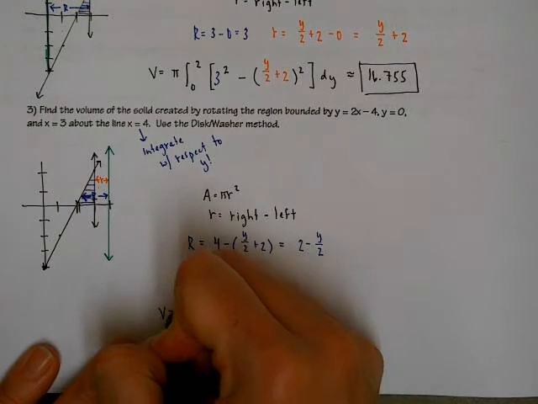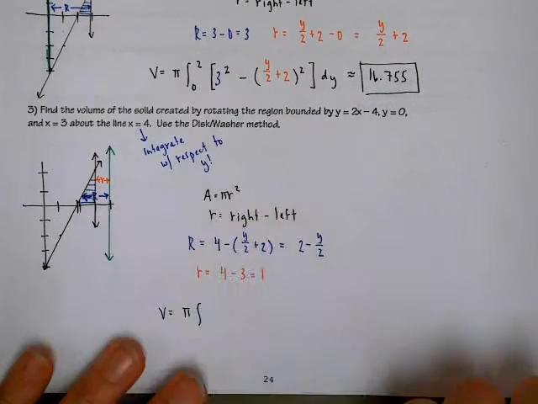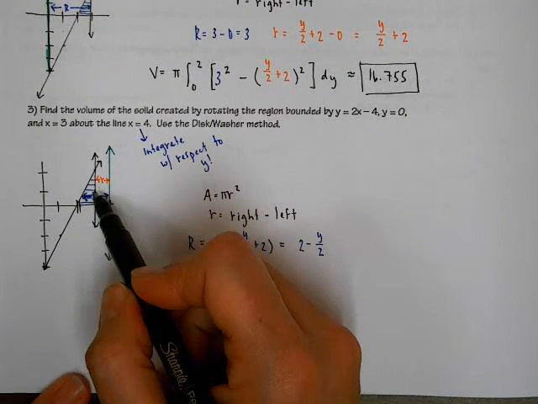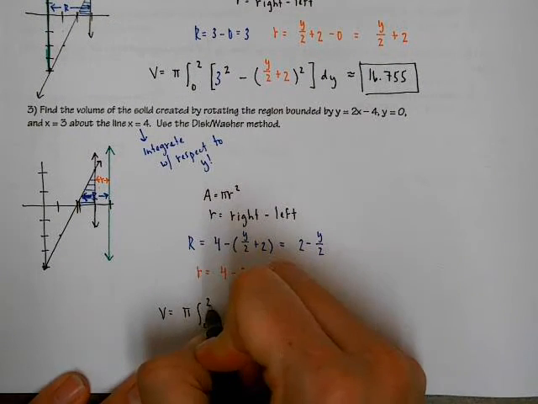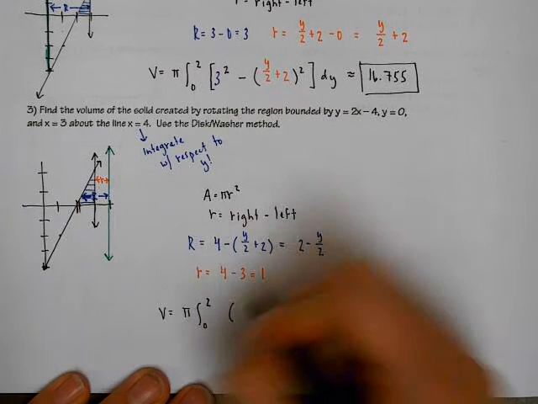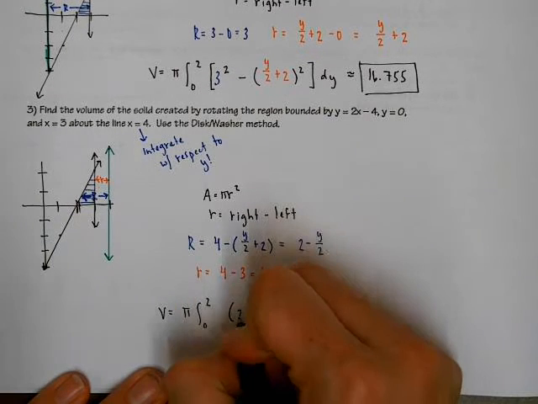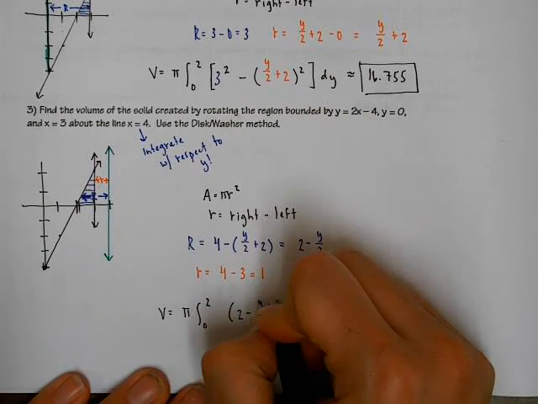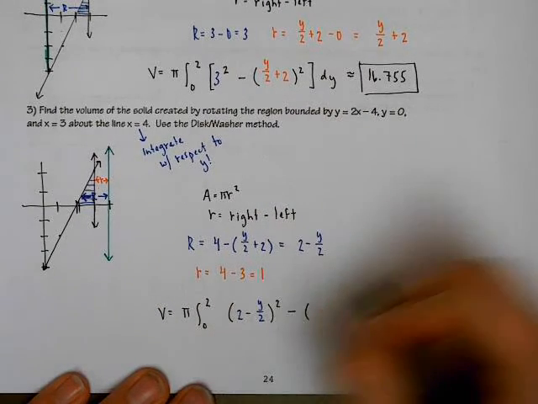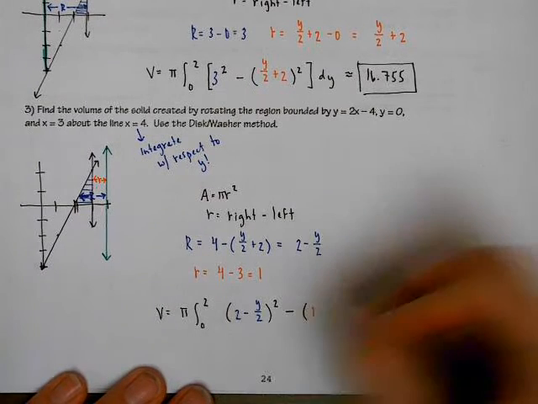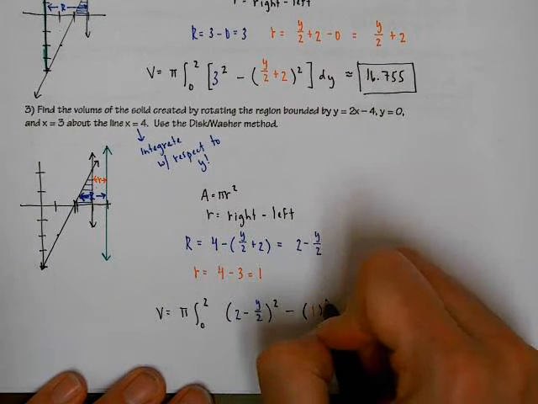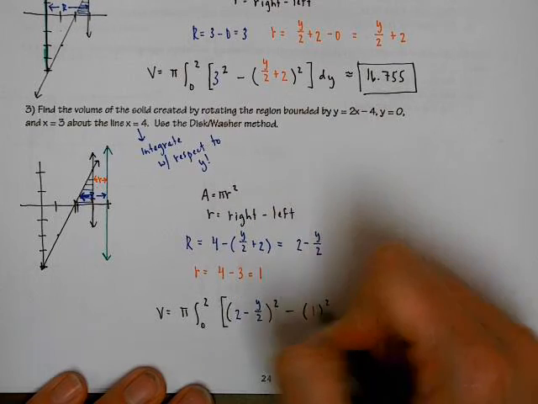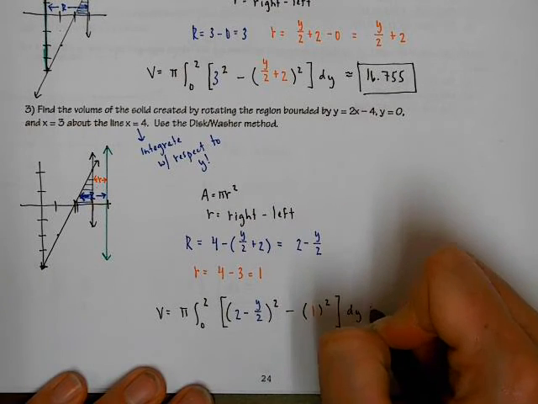So now again, volume is pi times the integral. My y values are still between 0 and 2. I'm going to have my big R squared, so 2 minus y over 2, quantity squared. I'm going to subtract my little r squared and finish that off with my dy.